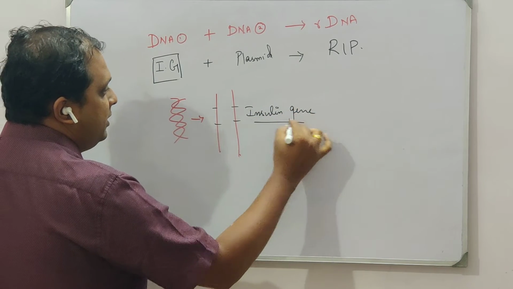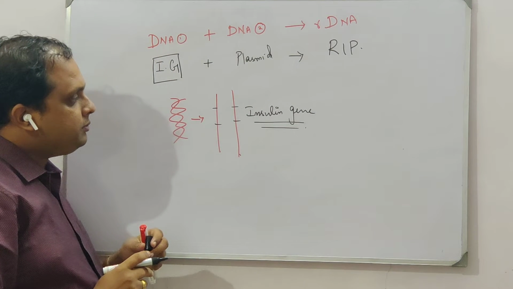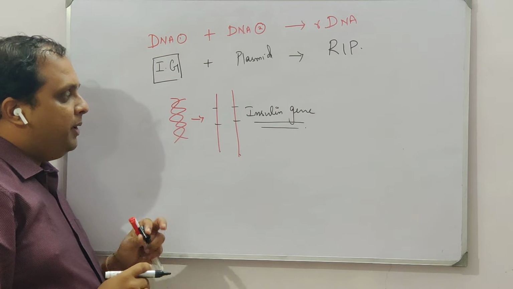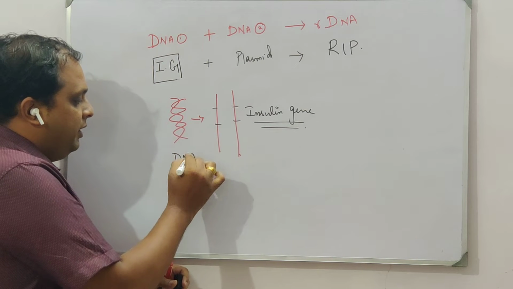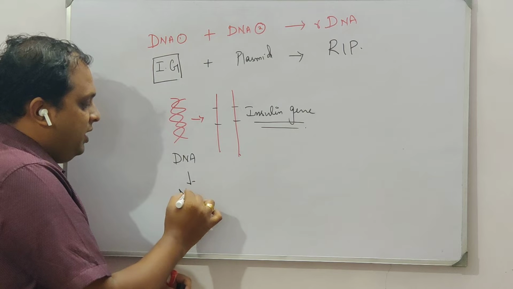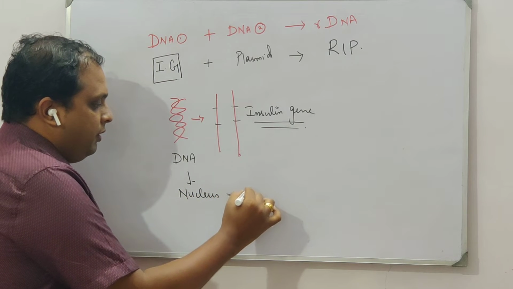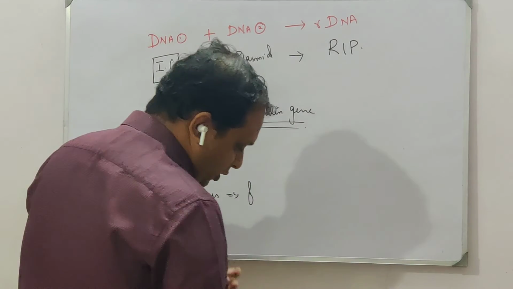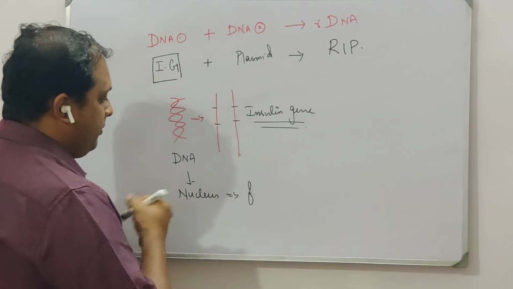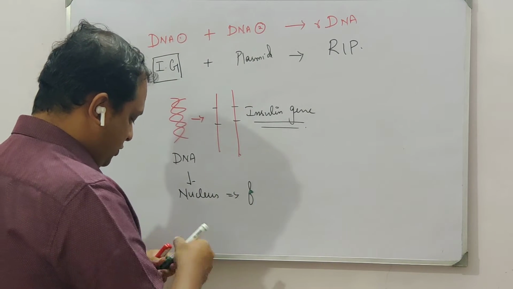So this might be the insulin gene, right? Now, for me to get this insulin gene, I have to get this DNA, which is there inside the nucleus in the form of chromosomes. Let this be the chromosome.